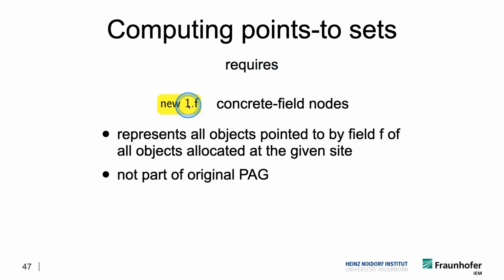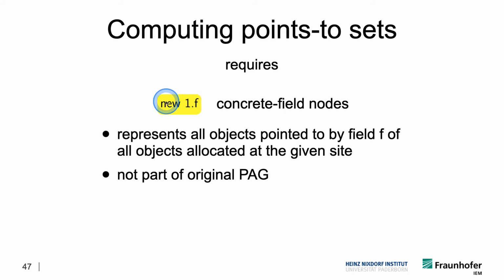And so here we have some additional nodes which are represented in yellow, and these are so-called concrete field nodes. So here we do not have a field of a particular type, let's say, but it's actually a field of a particular object. And so this represents all objects pointed to by field F of all objects allocated at the given site.